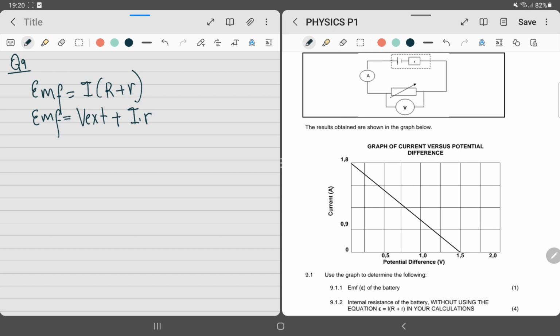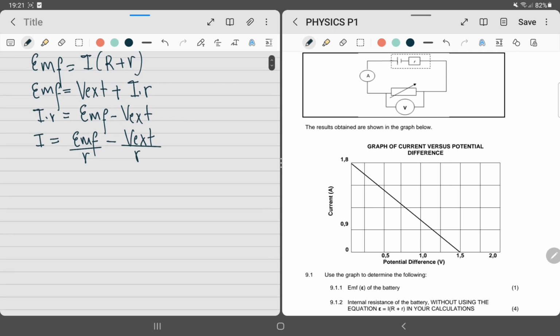Okay, so let's fix this. Current must be on the y-axis. So I multiplied by R should be equal to the EMF minus V external. And then we'll just divide by the internal resistance. So the EMF over R minus V external, all over the internal resistance.